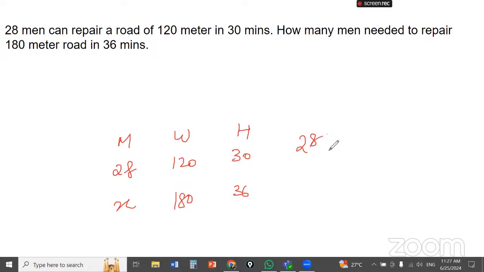So this is 28 times 30 upon 120, that's equal to 36 times x upon 180. Now you can try this. Yes, Kripa, you're right. The answer is correct. Yes, Tanushree, you're right.